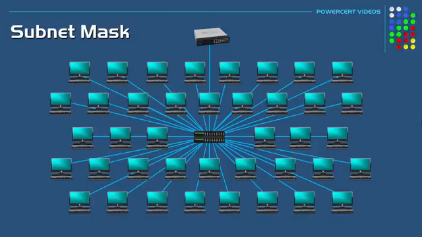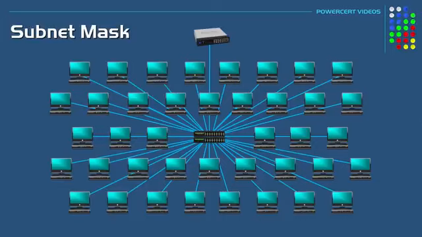So for example, let's say that there were no small networks. Let's say that an organization has a large amount of computers in one huge network. Now, when a computer wants to talk to another computer, it needs to know how and where to reach that computer. And it does this by using a broadcast. A broadcast is when a computer sends out data to all computers on a network so it can locate and talk to a certain computer.